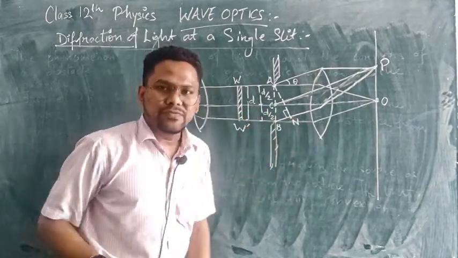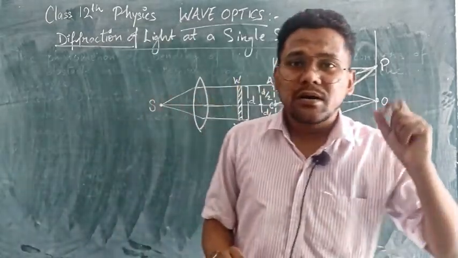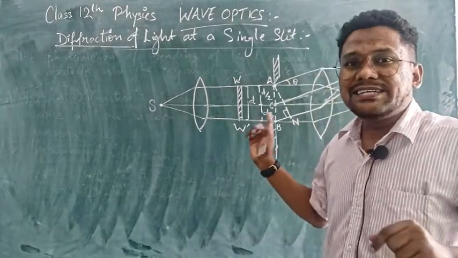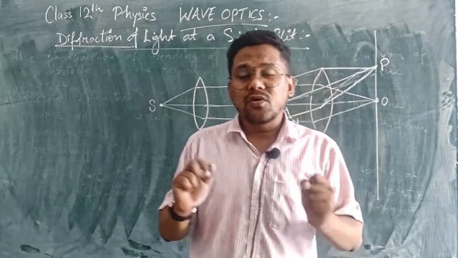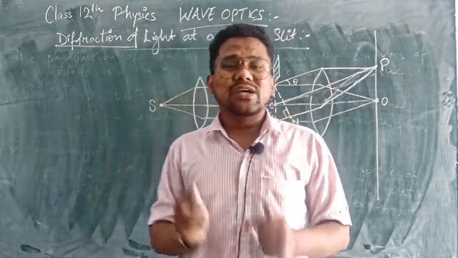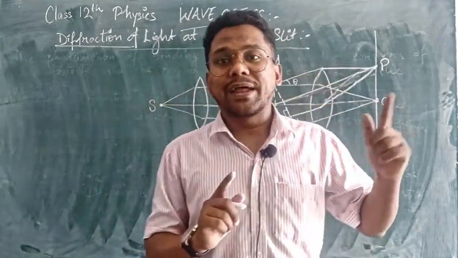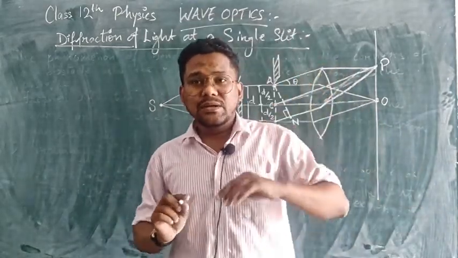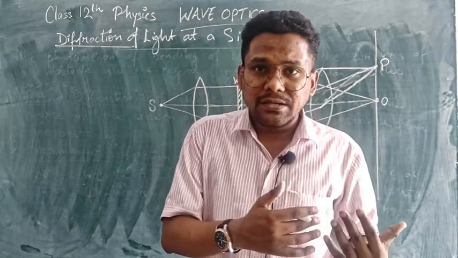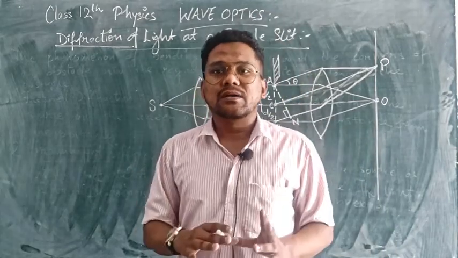This is the path difference. So BN is the path difference, and its value will tell me if there is constructive or destructive interference, or if the diffraction pattern will be bright or dark, that is, maxima which is bright, or minima which is dark.